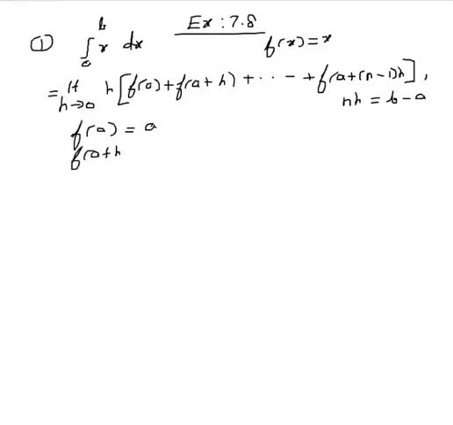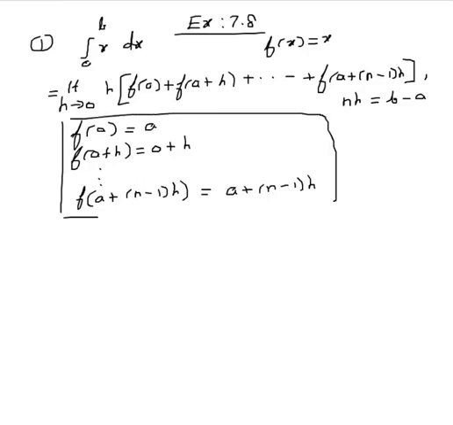Then f of a plus h is a plus h, etc. f of a plus (n minus 1) times h will be a plus (n minus 1)h. Now we are going to add all these expressions and substitute in the formula.